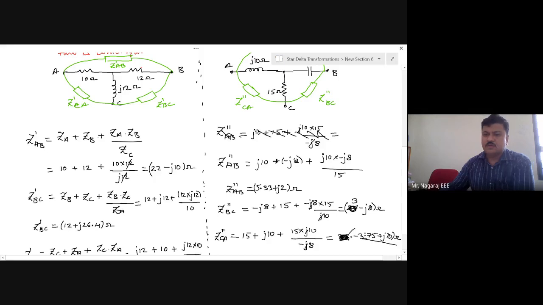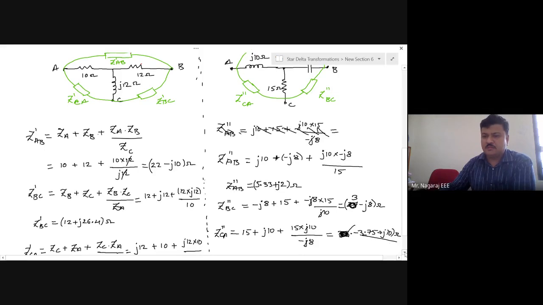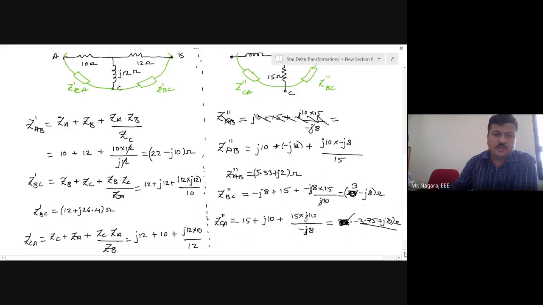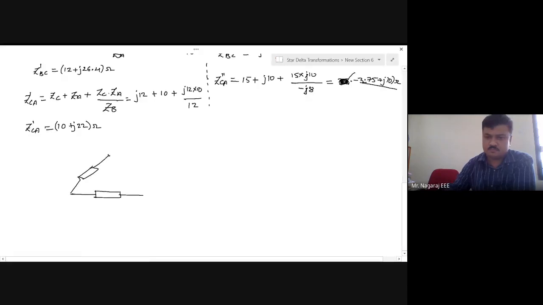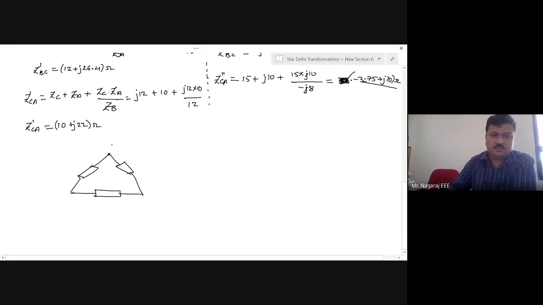Okay. So now I should be connecting these two values in delta. Okay. So let this be A, B and C. So ZAB dash is 22 minus J10.